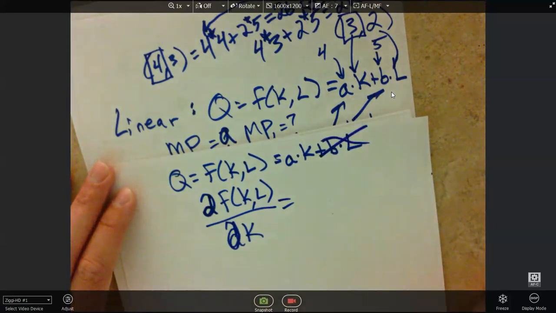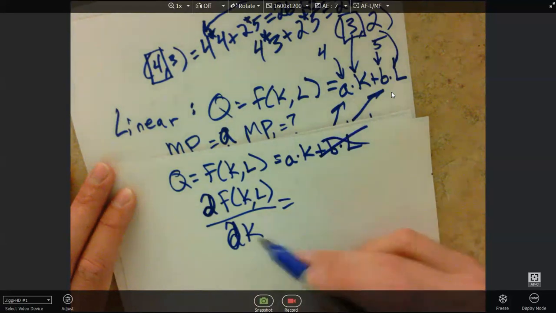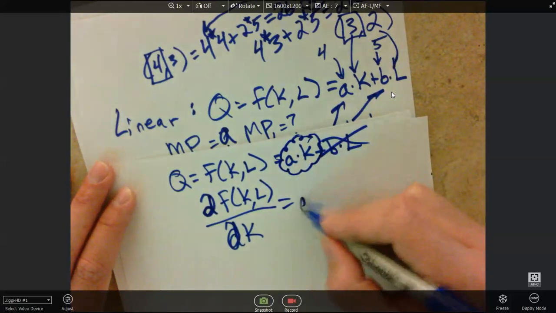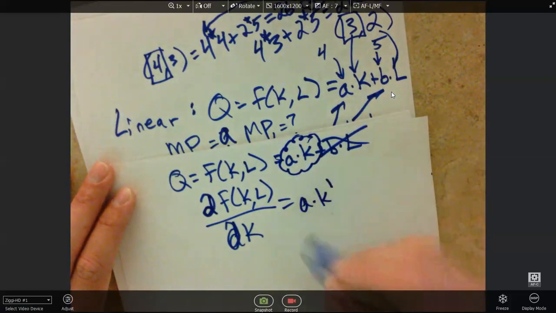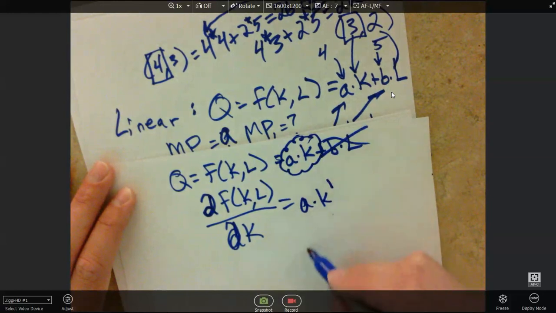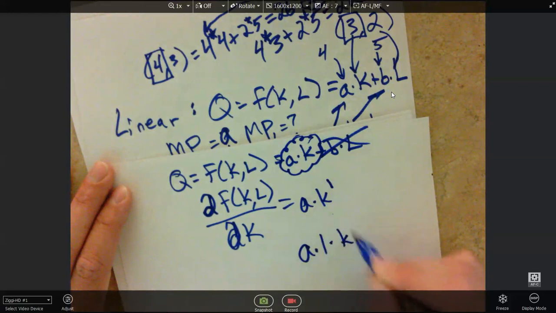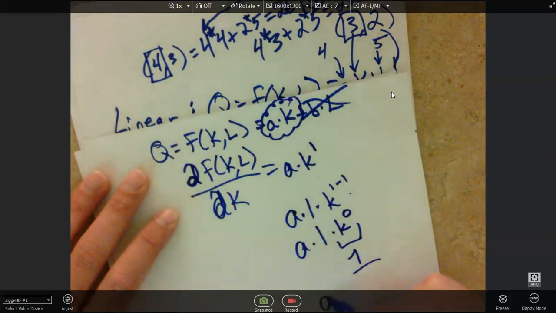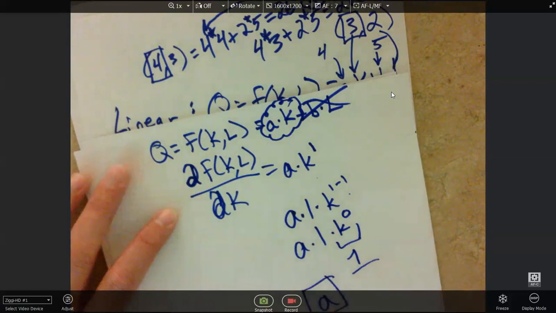You don't care about it anymore. So since we're taking the derivative with respect to K, the only thing we care about is this A times K. Since it's A times K to the 1, when we use our regular power rule, it ends up being A times 1 times K to the 1 minus 1, which is A times 1 times K to the 0. Anything to the 0 is 1. So it ends up just being A times 1, which is just A.